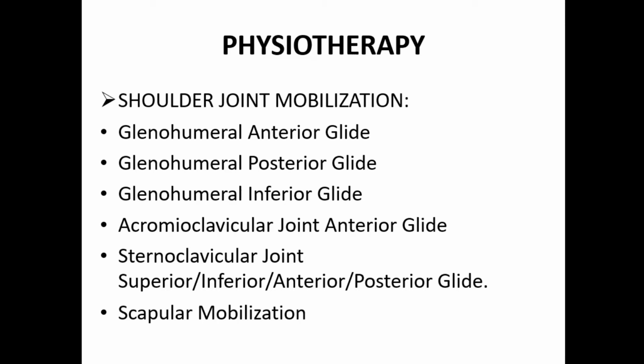Glenohumeral inferior glide. Number 4. Acromioclavicular joint anterior glide. Number 5. Sternoclavicular joint in which superior, inferior, anterior and posterior glide. And last one is scapular mobilization. Now I will describe each one.